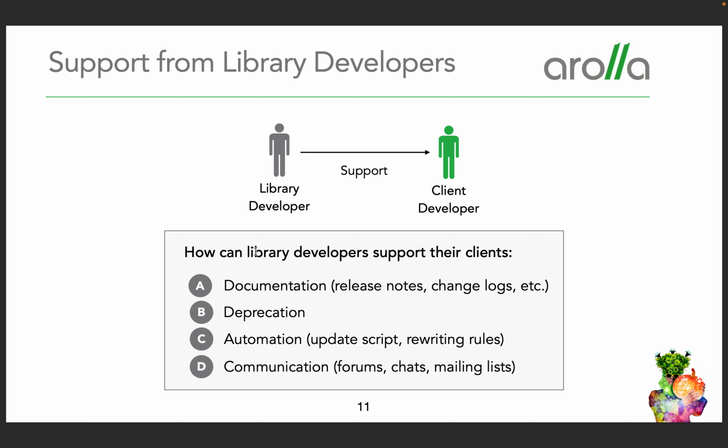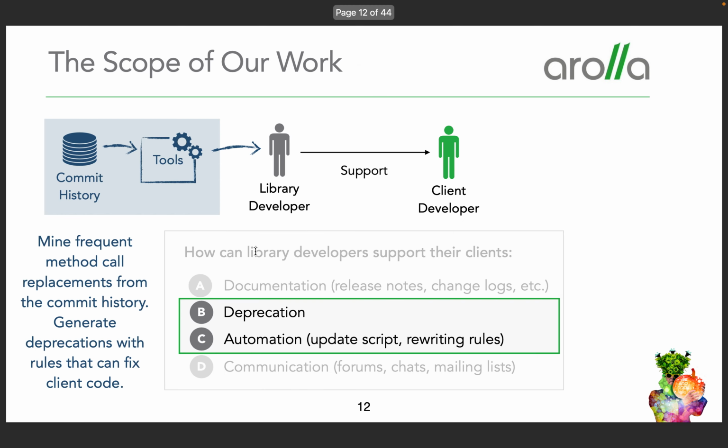Then there is automation, so library developers can write certain update scripts or automatic rewriting rules that can be applied to client code. And there is communication, so library developers can directly communicate with their clients through forums, chats, or mailing lists.